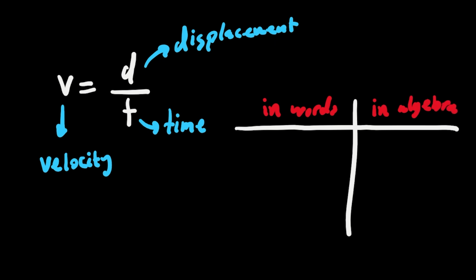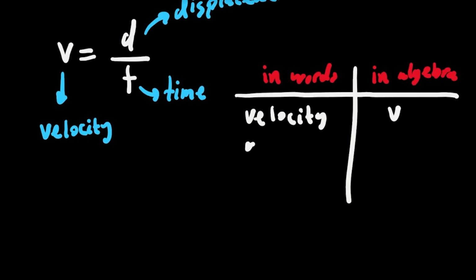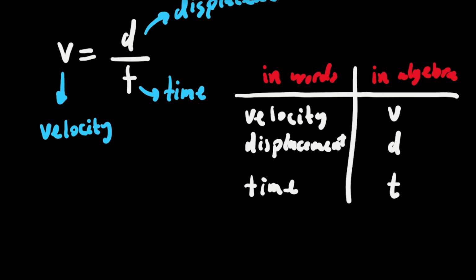In words we have velocity; in algebra we have V. In words we have displacement; in algebra we have D. In words we have time, and in algebra we have T. So as you can notice, algebra gives us letters that define the original words.